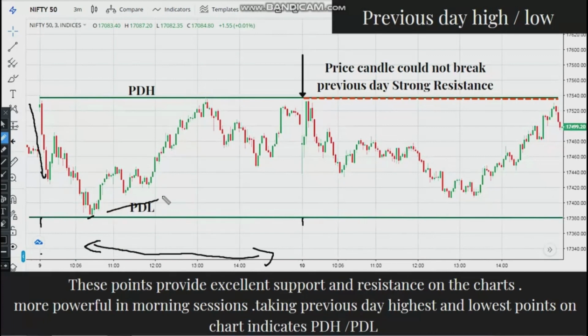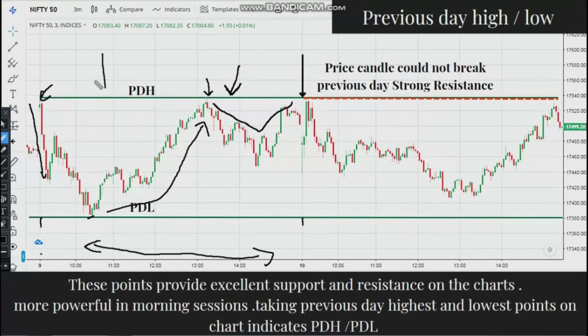from this level, went up, and then again from this level it actually went down and went up. So basically this level, if we make a line here, this level was a very strong resistance provider, and the price action candle actually could not break it.